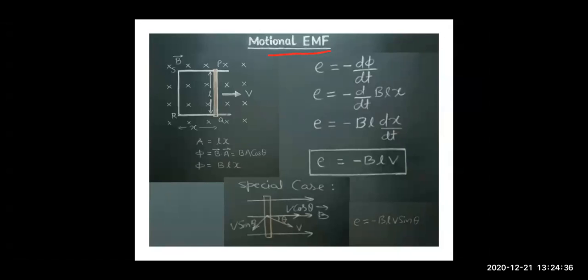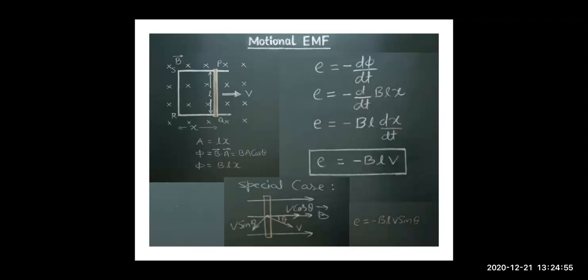So children, here we are having the magnetic field B. As we can see, it's a uniform magnetic field and it is represented with cross. So the magnetic field B is uniform and its direction is perpendicularly into the plane of paper. It is inwards, right?